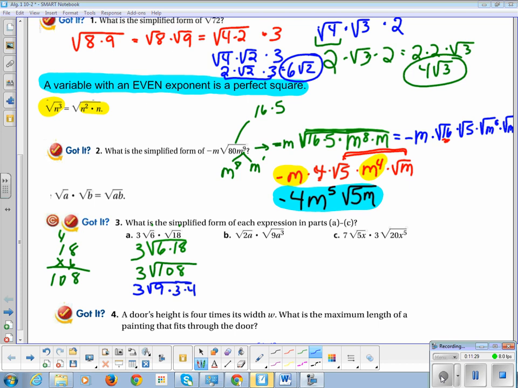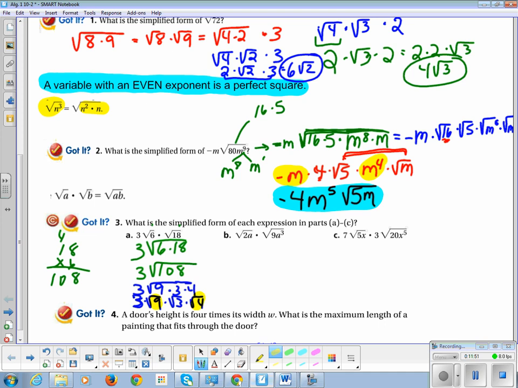Okay, so we got 3 times the square root of 9, square root of 3, square root of 4. These two guys are perfect squares.